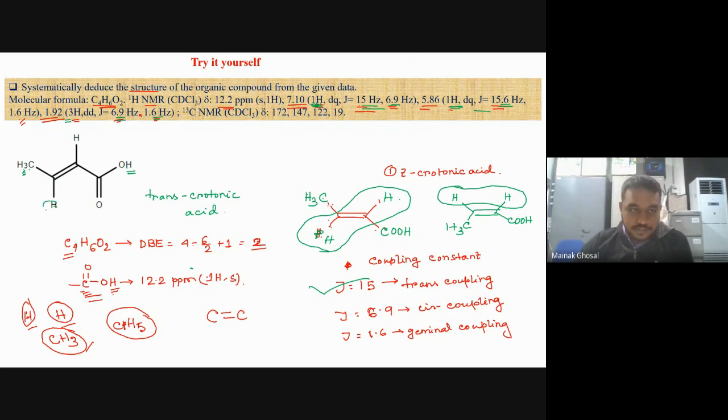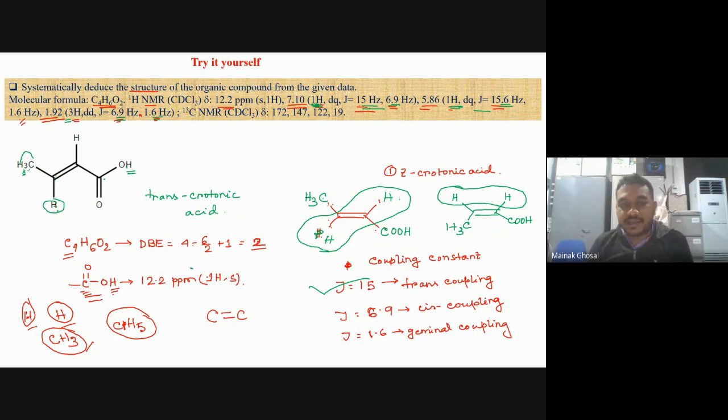Similarly, this hydrogen, on whose carbon there is no hydrogen, will couple with this one, so it will be a doublet, and it will couple with the methyl group, which will make it a quartet: doublet of quartet. Similar for this one: there is no hydrogen here, so it will couple with this one and be a doublet, and for the methyl, a doublet of quartet. So I have matched all the proton signals present in the molecule.